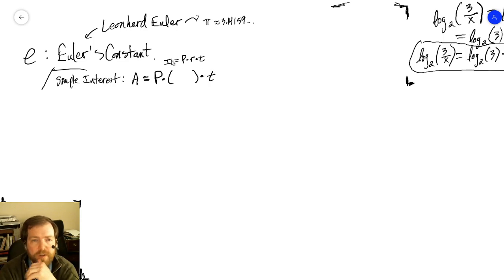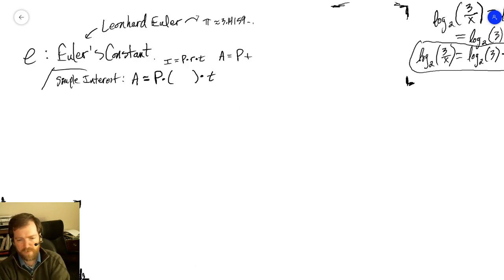So if the amount that you were getting charged in interest was the principal times the rate times the amount of time it's been, where these have to have common units and all that, then what you'd want at the end of the year is that the amount would be equal to the principal that you started with, plus the interest earned that year, which was PRT.